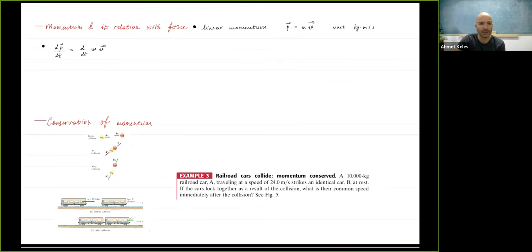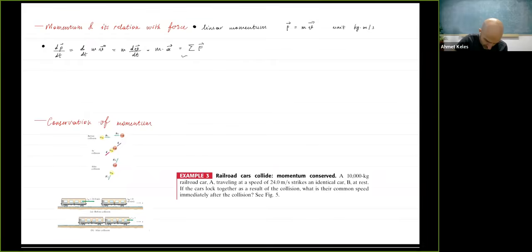There may be some problems where the mass is changing, but for this entire course, we will probably not have any problem with changing mass. So the only changing thing is velocity. We can write this as m dv/dt, and dv/dt is acceleration, so this is equal to m times a. But from Newton's law, we know that this should be equal to the sum over all external forces.